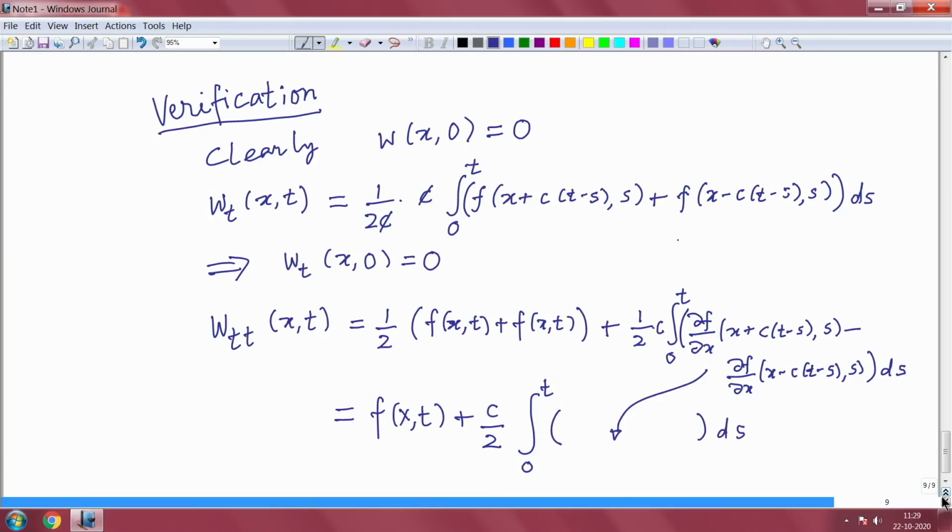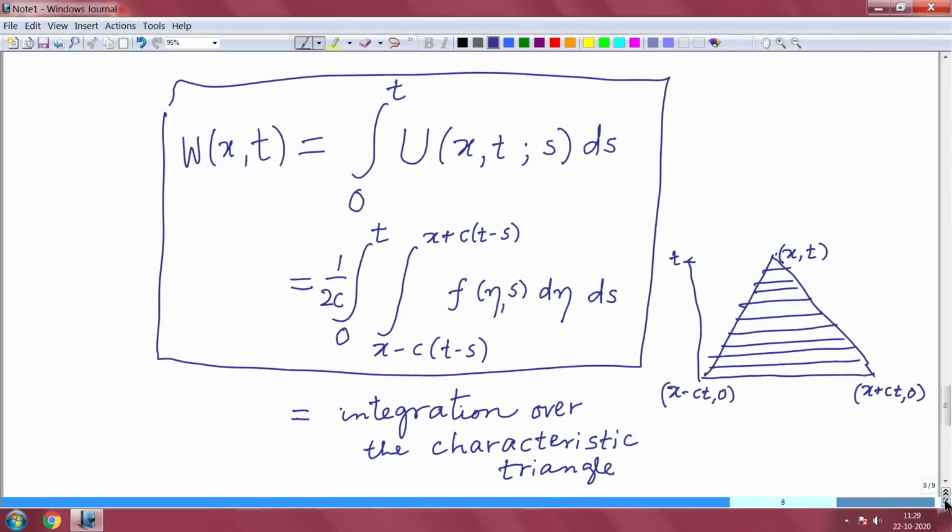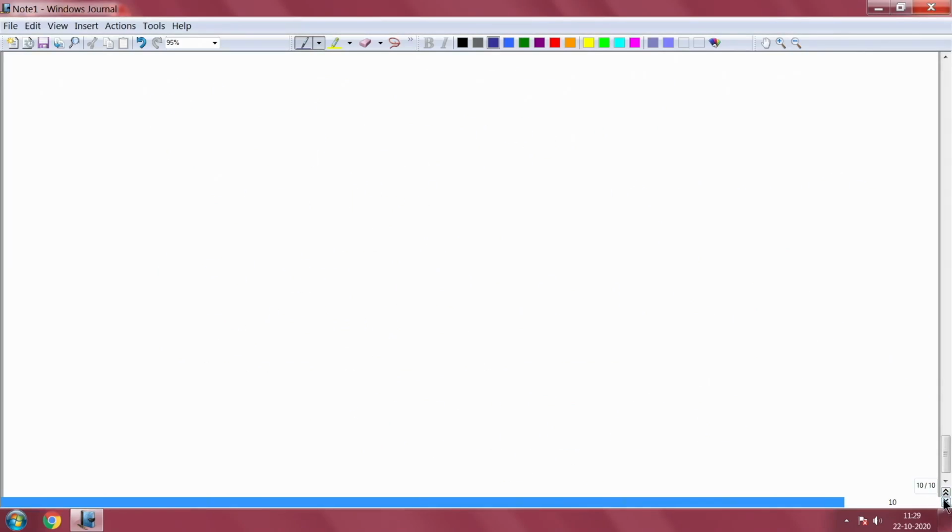Similarly, del f I write directly, because x is only in the integrand. So there is not much difficulty here.